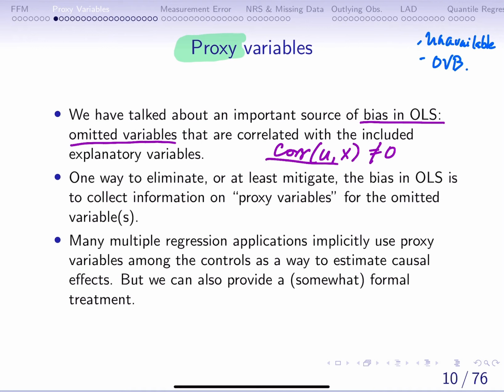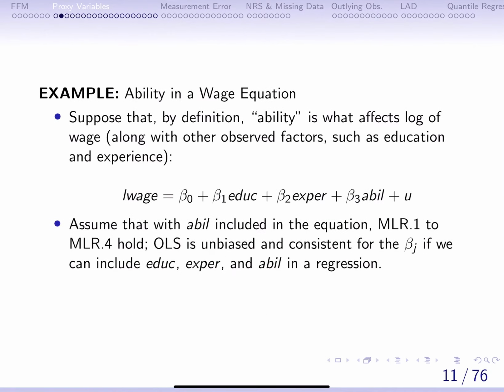So we can use proxy variables to mitigate this problem. Now, we're going to get into causality perhaps in the next semester, and in part 3 of the book, we deal with how to estimate causal effects, but here we're going to try to understand more intuitively how that works.